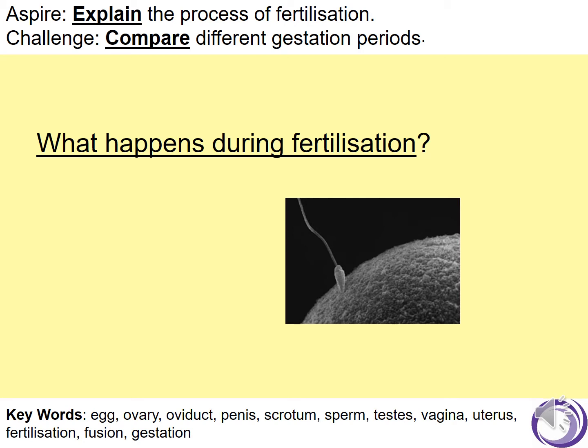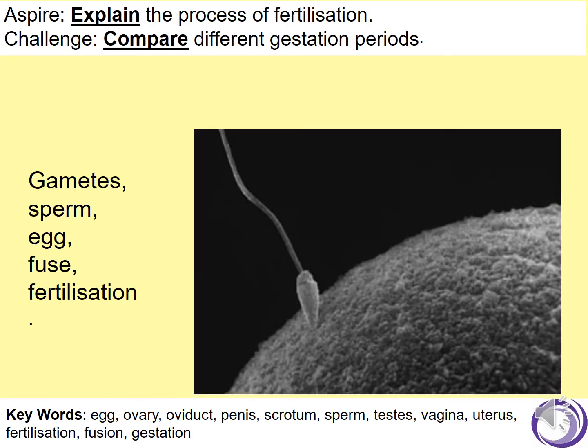So hopefully you've got that title. If you need to pause, then please do that. We're going to look at that photograph in a bit more detail that's on the slide in front of you as we go as well. So we're now going to start looking at stage 1. And stage 1 involves the following keywords that we need to use to ensure that we are explaining ourselves clearly.